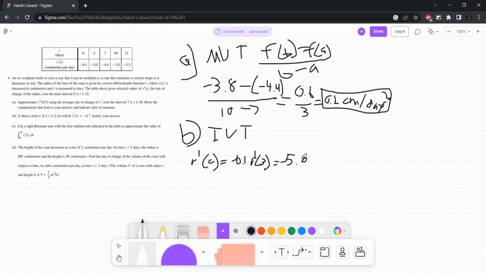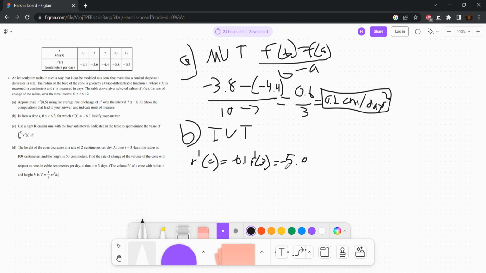So between these values, negative 6.1 and negative 5, there is a value in between 0 and 3 where it can be negative 6. IVT states that if it's continuous, then in between 0 and 3 there has to be a value at negative 6, because negative 6 is in between negative 6.1 and negative 5.0.